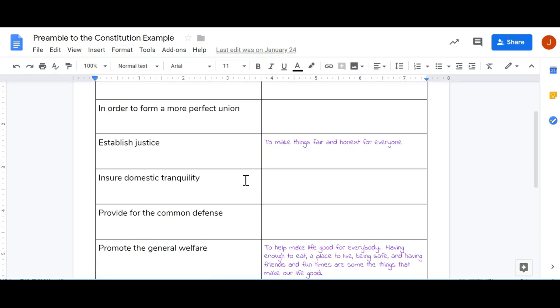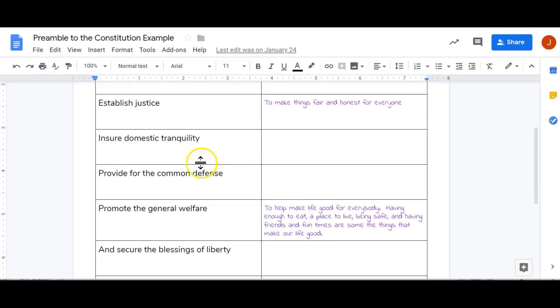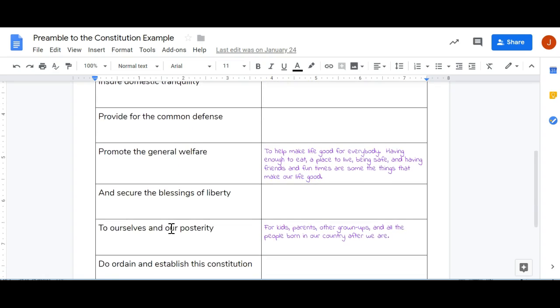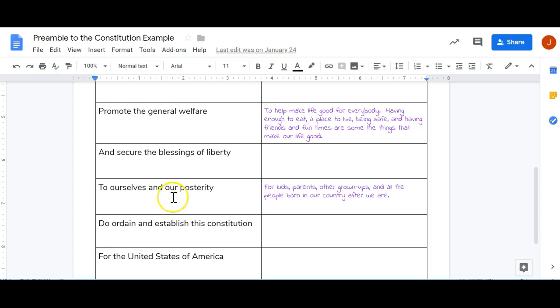Fast forward a little bit. Provide for the common defense. So common meaning common amongst all of us who live in the United States. Promote the general welfare. General is including all of us. That's another we. And this uses the word our, to ourselves and our posterity.